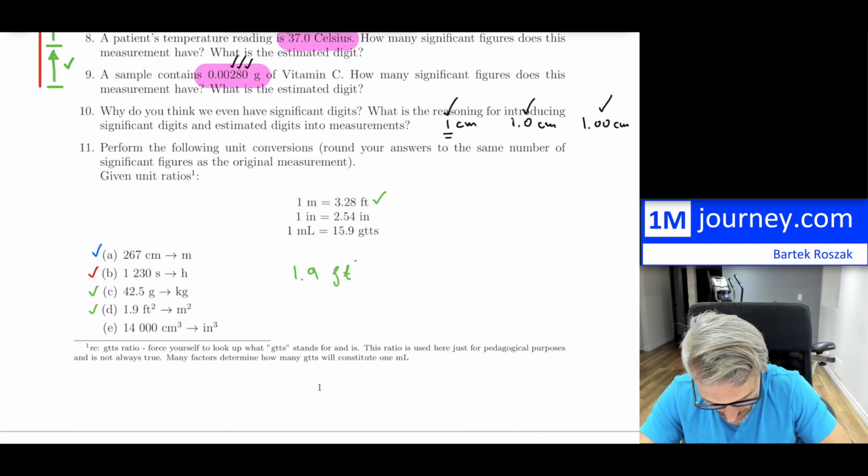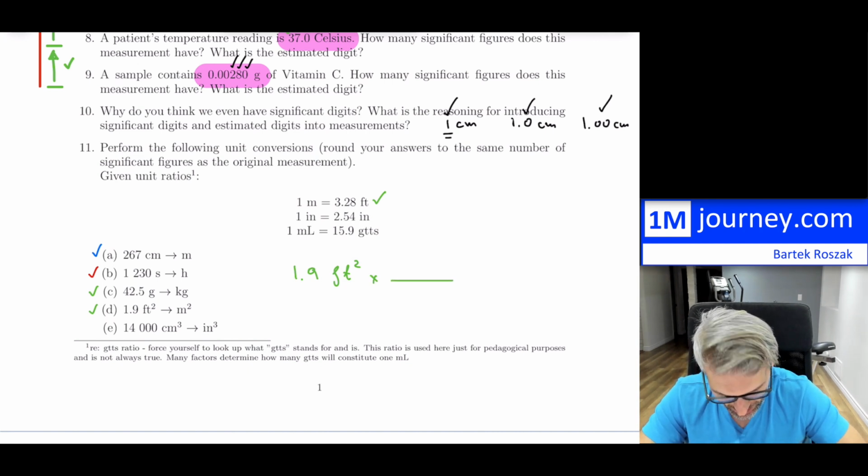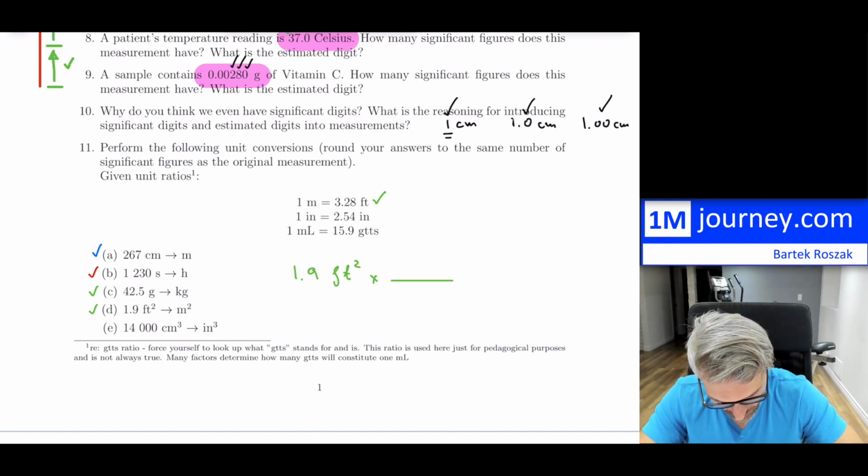And now there are several ways to be able to do this. First of all, I don't want to have feet. I want to have meters. And that ratio tells us that there are 3.28 feet equal to 1 meter.